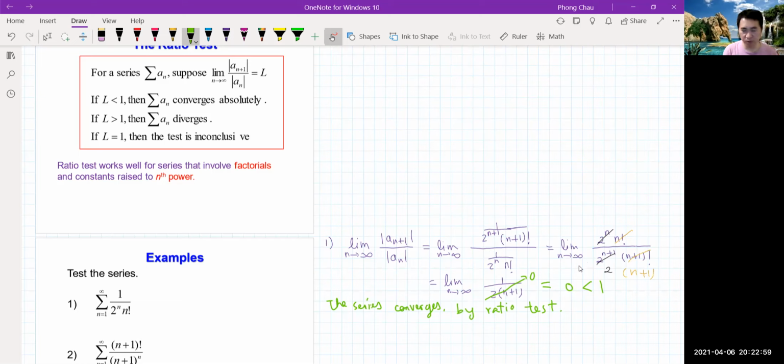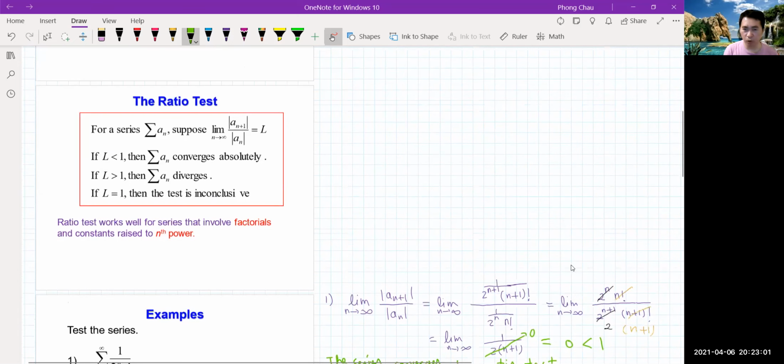Before we get to number 2, let's do a quick review on simplifying factorials here. So let's say you have n plus 2 factorial over n plus 4 factorial.